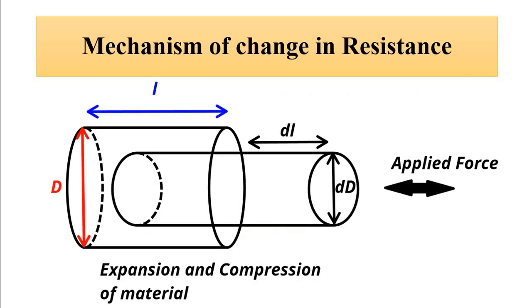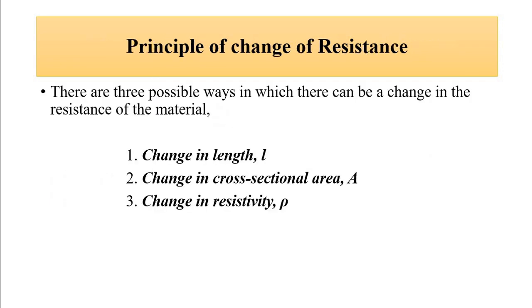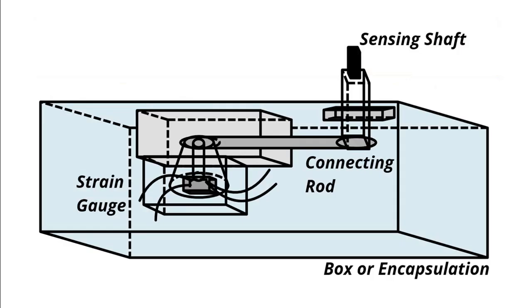Another thing, how this operates, generally what we have is this basic design. The whole arrangement is placed inside a box or encapsulation to protect it from external pressure, temperature, and other effects, wear and tear, all that.